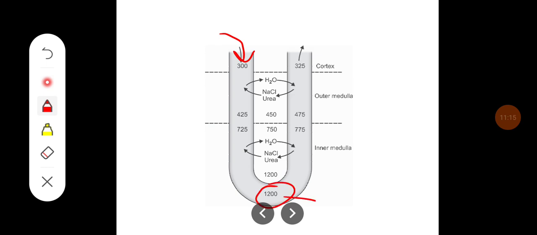By the time it reaches the tip of the loop, the concentration is around 1200, and while the blood is ascending in the loop of the vasa recta, again the sodium chloride and urea get reabsorbed and water is going to enter inside because of the concentration gradient. Okay, and again the fluid becomes hypotonic.